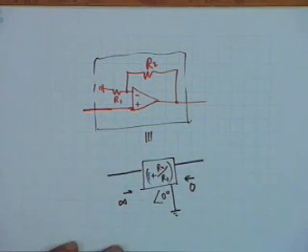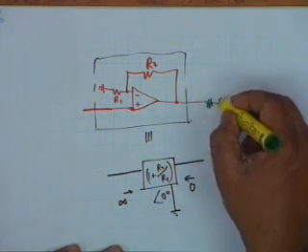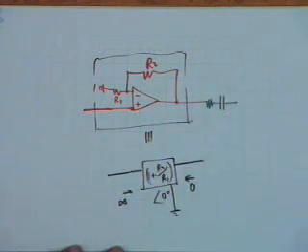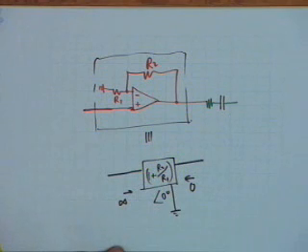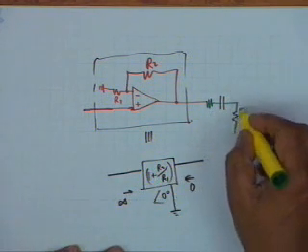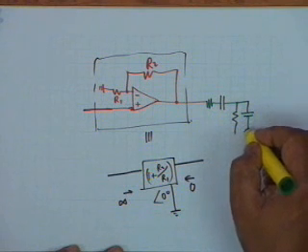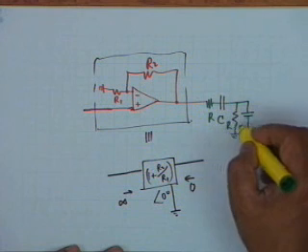Now I want to make this into an oscillator. So what I do is, this is an alternative circuit. I use an RC. Obviously here G is frequency independent. I use a series RC and a parallel RC.